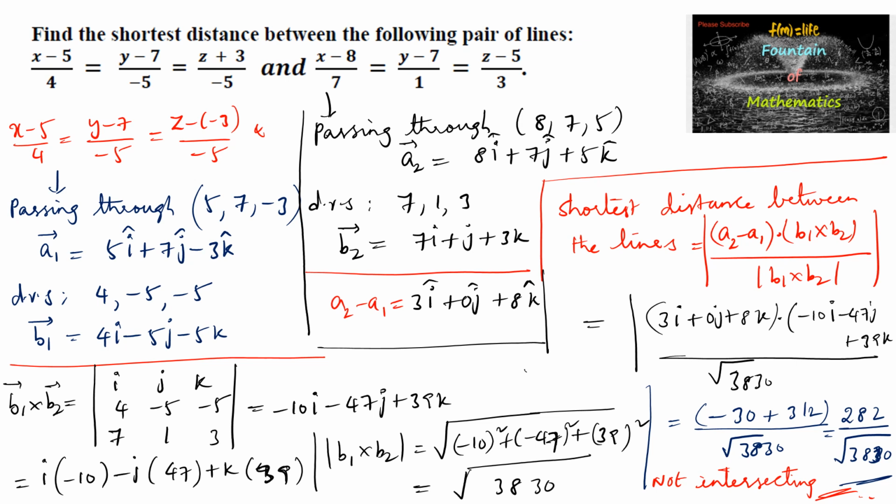So we can write b1 cross b2 vector as minus 10i minus 47j plus 39k.